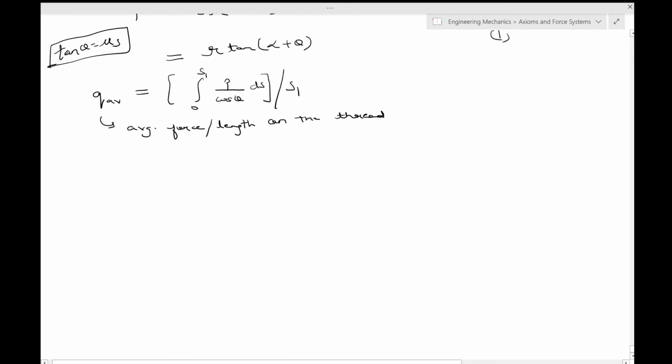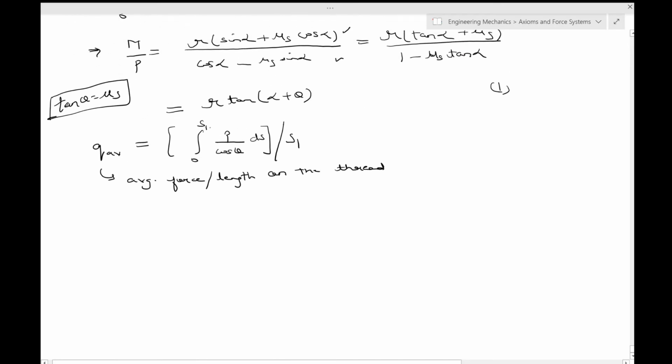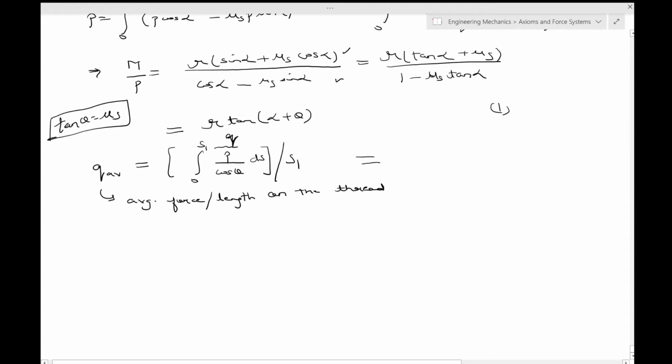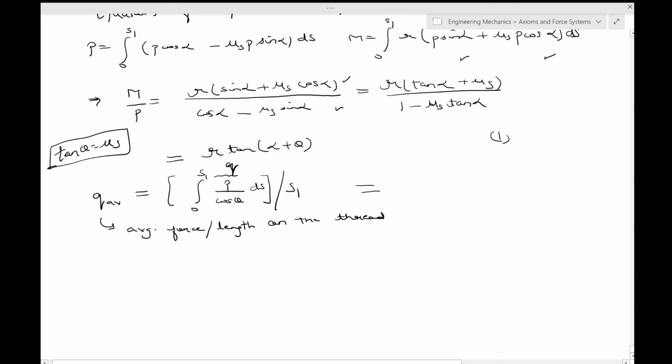That's why this is essentially Q. So you have done this whole integration and divided by S1, and that gives us Q average. This quantity can be written as P sec theta times S1 times (cos alpha minus mu s sin alpha).